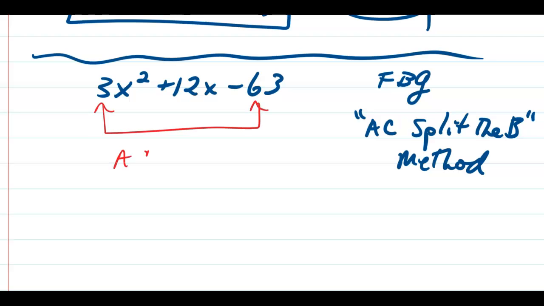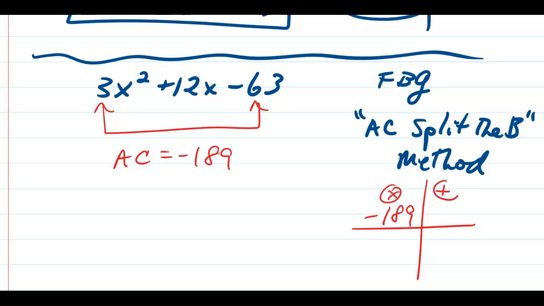So the AC is negative 189. And then the idea here is that we're going to determine factors of negative 189 that add up to the positive 12 in the middle there.